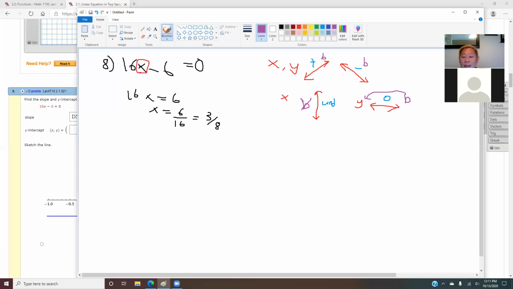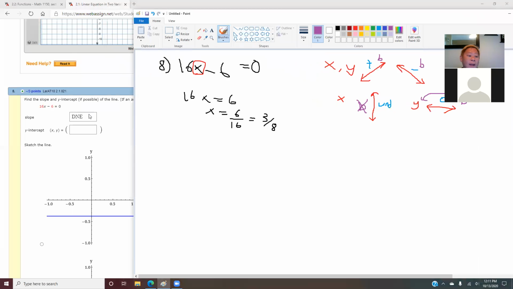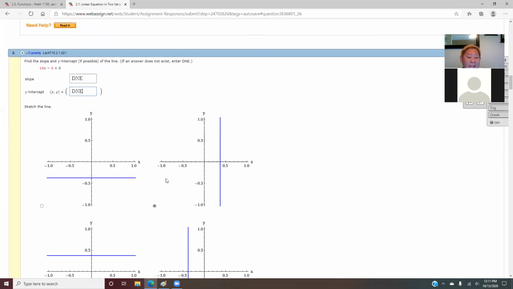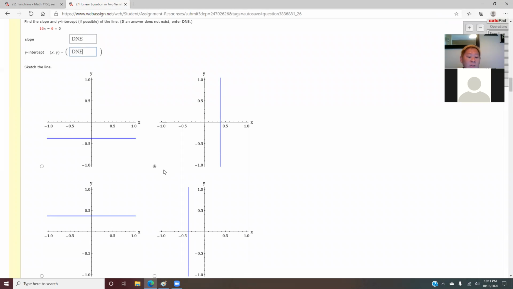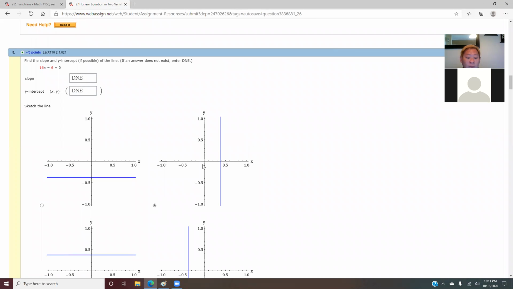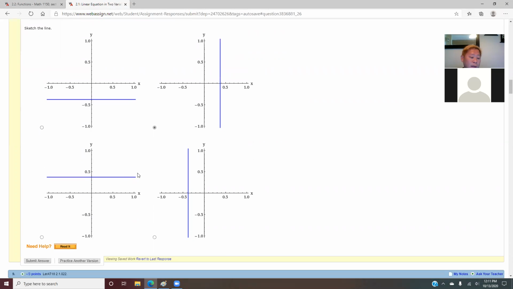So your B in this case will also be DNE. Do not forget that if you have just the variable x, your slope and your y-intercept are both DNE, and it is going to be a vertical line. And it's a positive 3 over 8, so your graph will be this graph. So this is how we do question number 8.